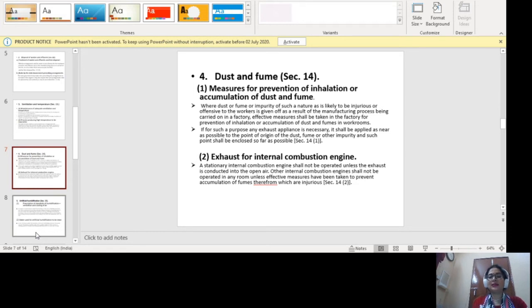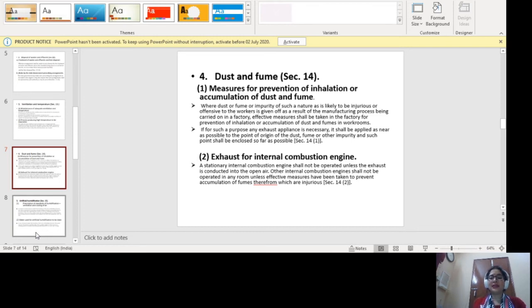First is your dust and fume, measures for prevention of inhalation or accumulation of dust and fume. Where dust or fume or impurity of such a nature as is likely to be injurious or offensive to the worker is given off as a result of the manufacturing process being carried on in a factory, effective measures shall be taken in the factory for prevention of inhalation or accumulation of dust and fumes in workrooms.